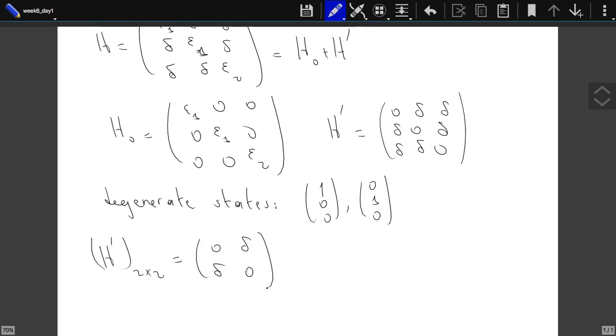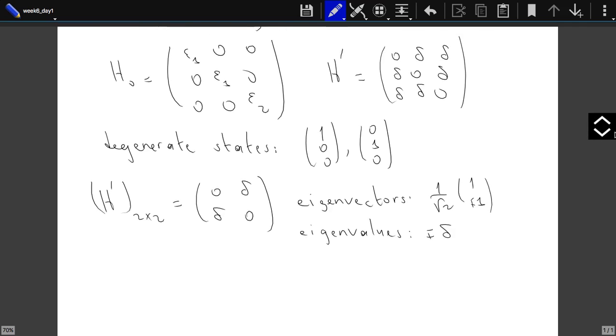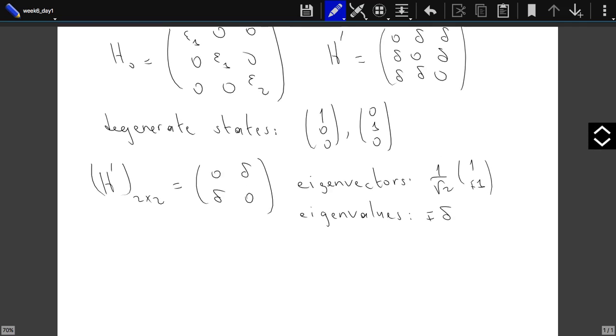And if you diagonalize this, you will see that the eigenvectors are 1 over square root of 2, 1 plus or minus 1, and the corresponding eigenvalues, they are plus or minus delta. So in this new basis, that's how we change our basis.